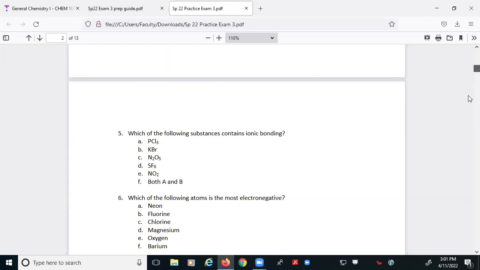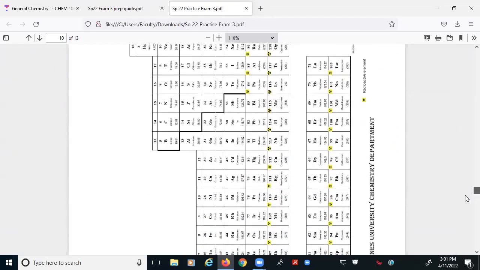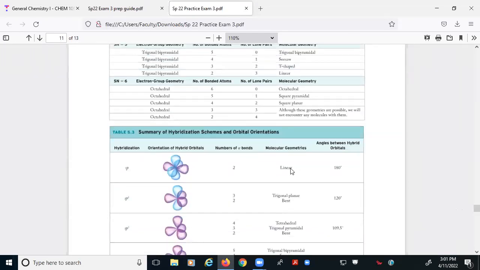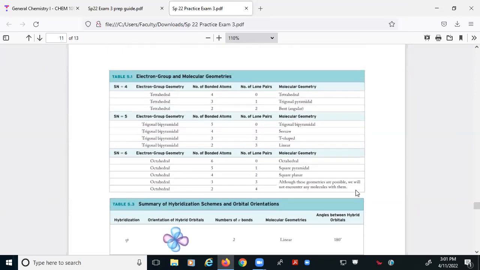So if we go down to this table here, what we were asked to look at were these scenarios. 4 bonds, 2 lone pairs, 4 bonds, 1 lone pair, 5 bonds, no lone pairs.